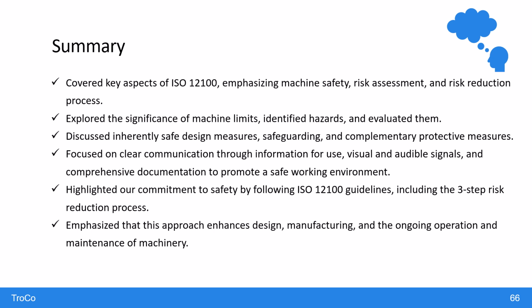We also emphasized the importance of clear communication through information for use, warning signals, and documentation. By following ISO 12100 and its three-step risk reduction process, we can support safer design, operation, and maintenance of machinery, helping protect both people and productivity.